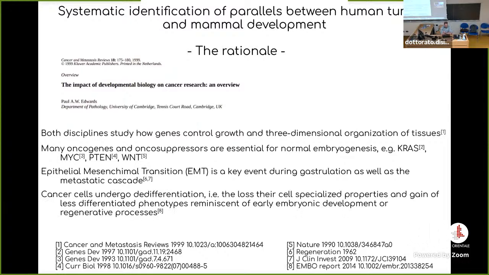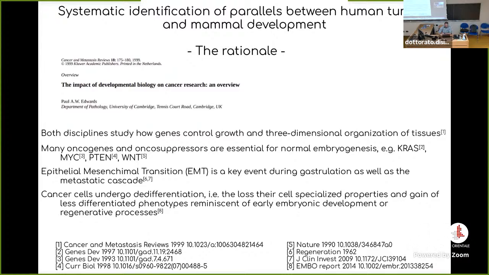And moreover, cancer cells undergo a process known as dedifferentiation, which is basically the loss of their cell-specialized properties and the gain of less differentiated phenotypes that also associate with, for example, an increased drug resistance phenotype, or MRD.